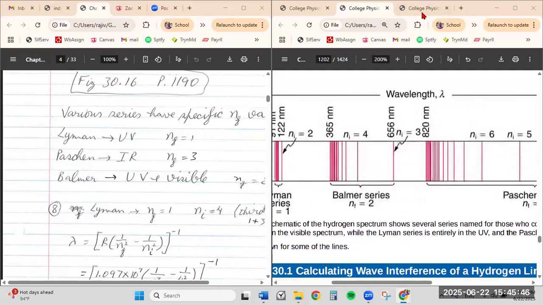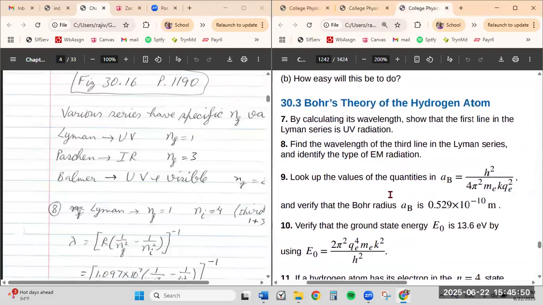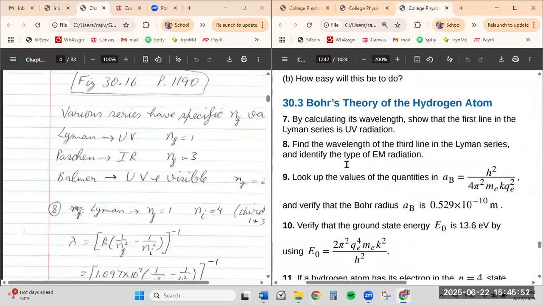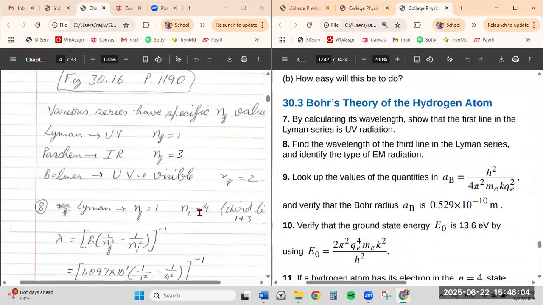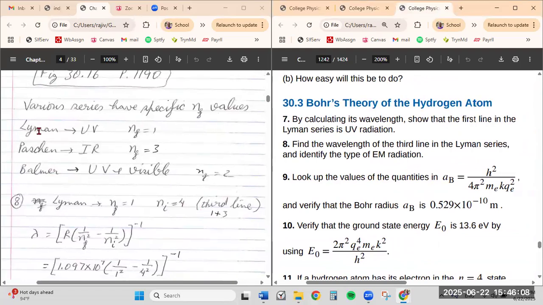Okay, so problem 8. Problem 8 reads, find the wavelength of the third line in the Lyman series and identify the type of electromagnetic radiation. So first of all, we use the fact that in Lyman series, Nf corresponds to 1. So we know Nf is 1.